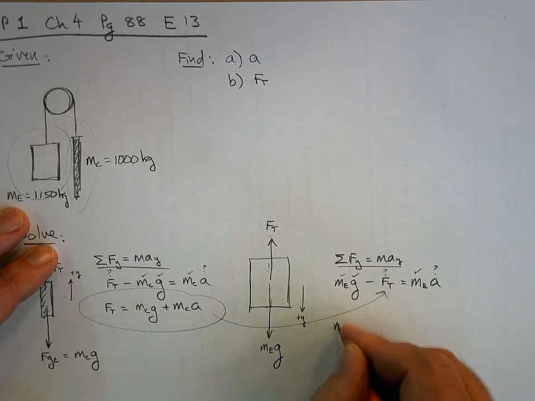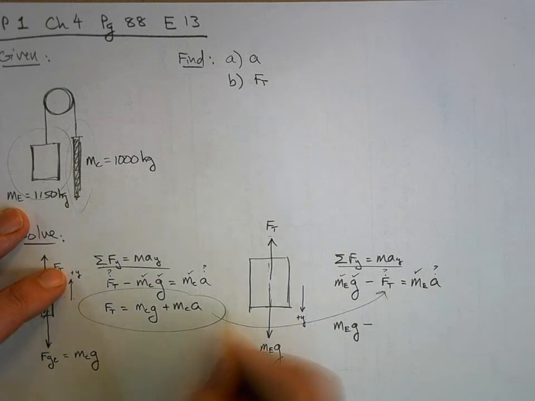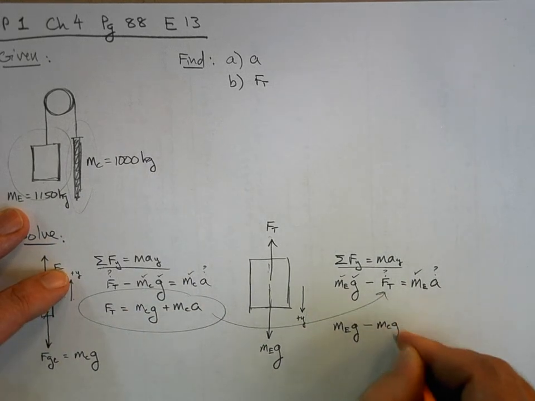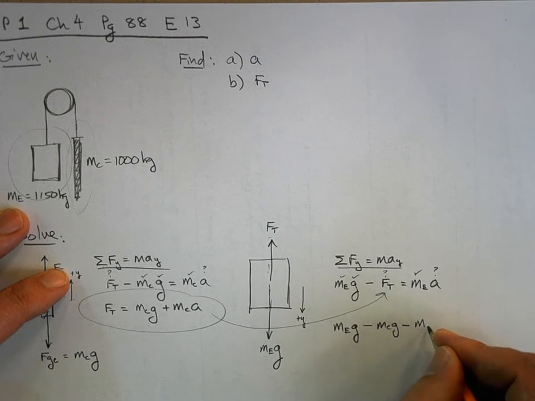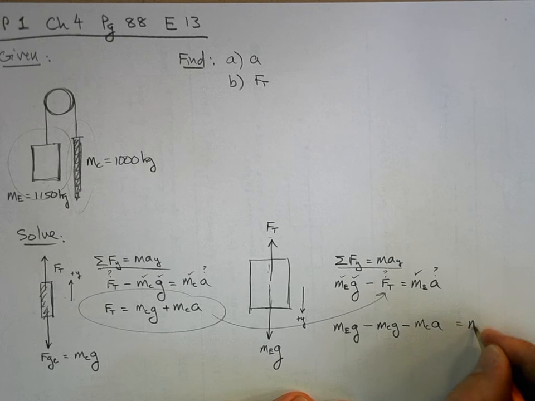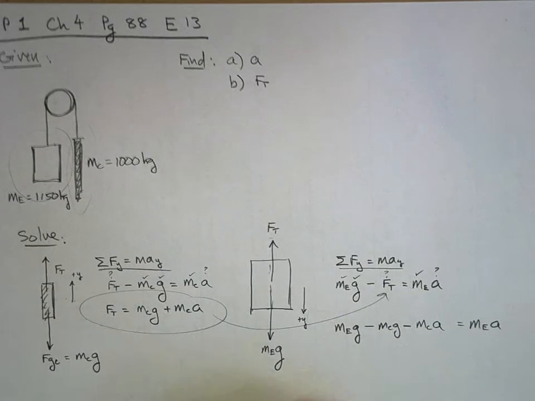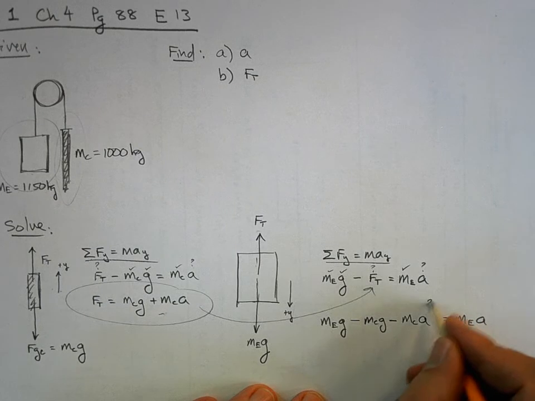So this gives me the mass of the elevator times g minus all of this. Do you see how I put the minus in 2 places? You see the algebra I did? I did a substitution. Now the only unknown is A.